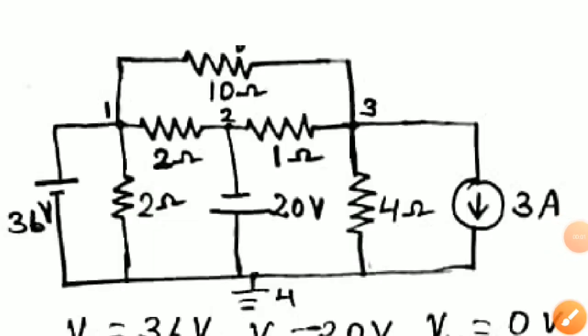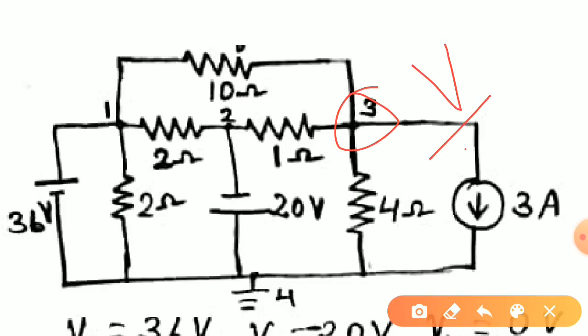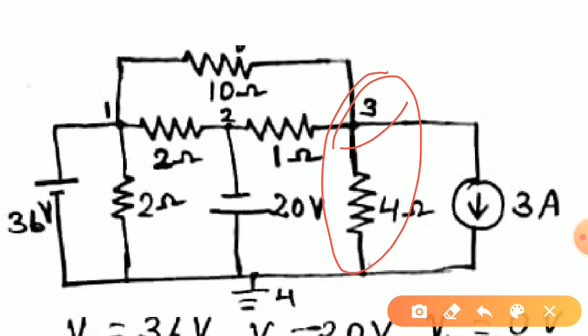So when we talk about the third node, we need to obtain V by R. At node point 3, we have a 4 ohm resistor connected between the third node and the reference node.